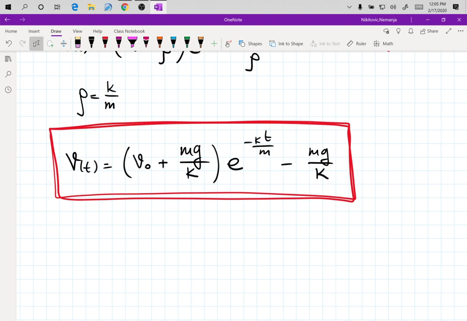Every object falling with resistance has to hit a point where it cannot accelerate past that point. For that we call it terminal velocity. And for every situation, there is a terminal velocity.